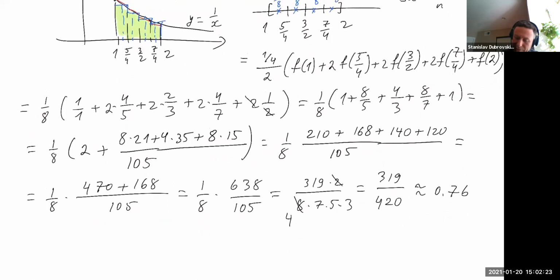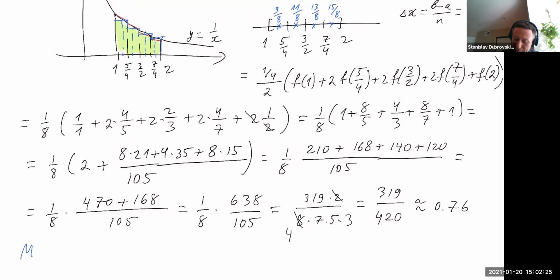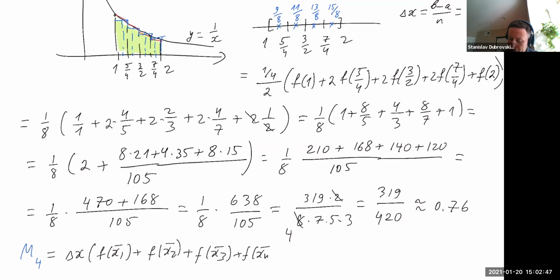So at least the setup will look like this for the midpoint rule. For 4 subdivisions, we would have to write here delta x. Of course, the general formula is what you want to start with: f of x1 bar plus f of x2 bar, and so on. And now plug in those midpoints.